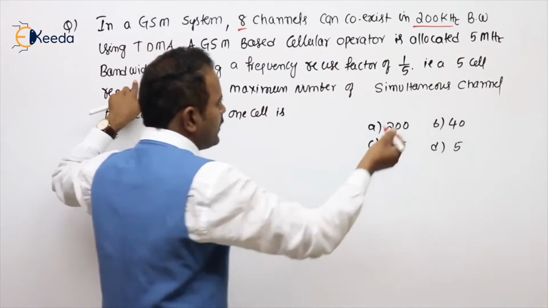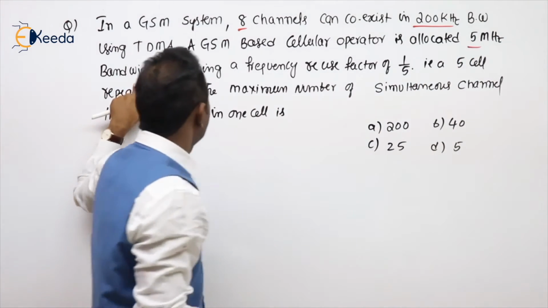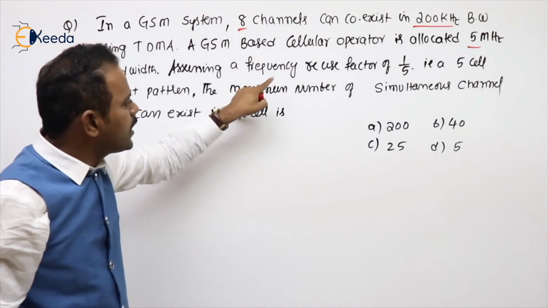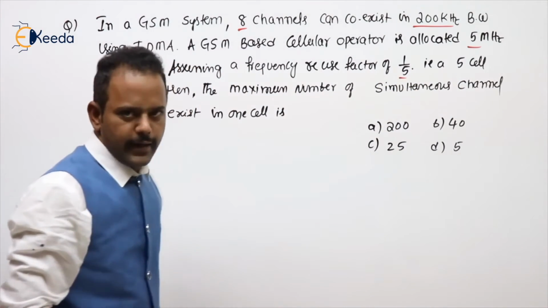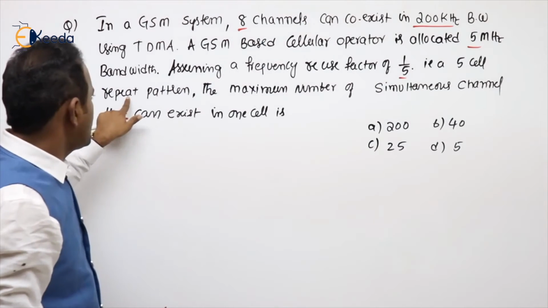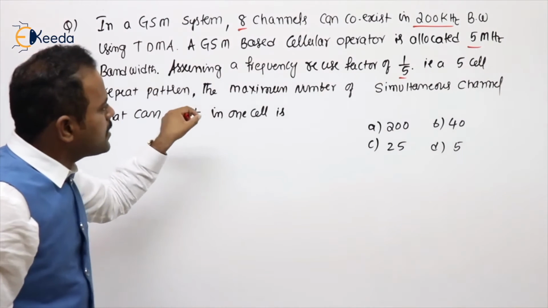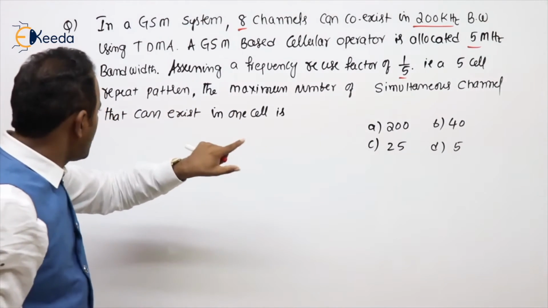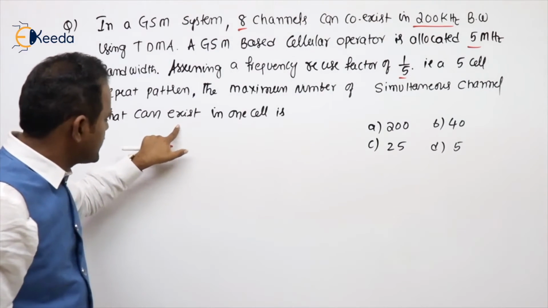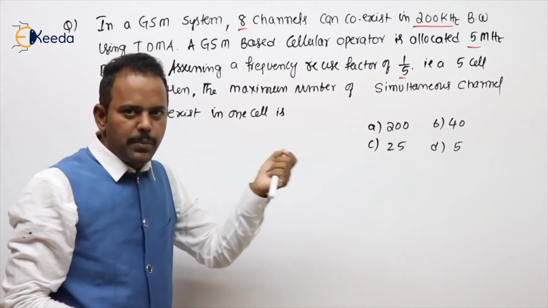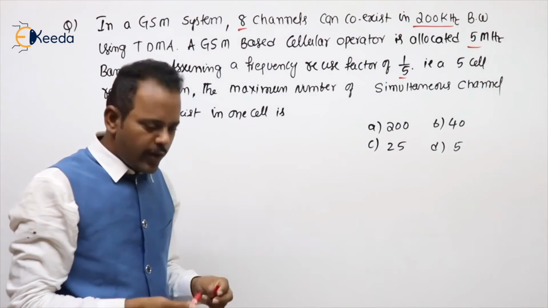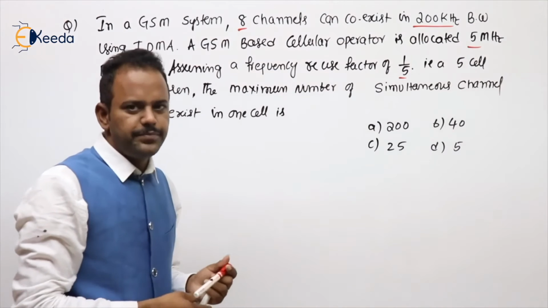Assuming the frequency reuse factor of 1 by 5, that is a 5 cell repeat pattern, the maximum number of simultaneous channels that can exist in one cell is: option A 200, option B 40, option C 25, option D 5.